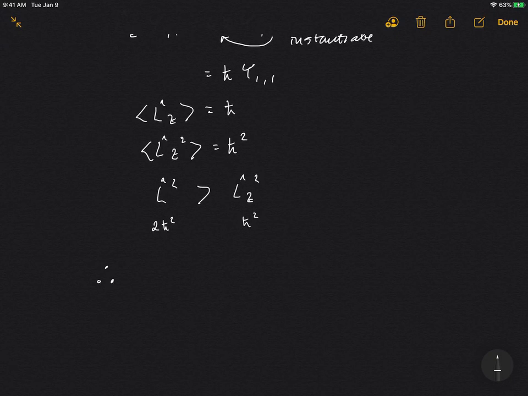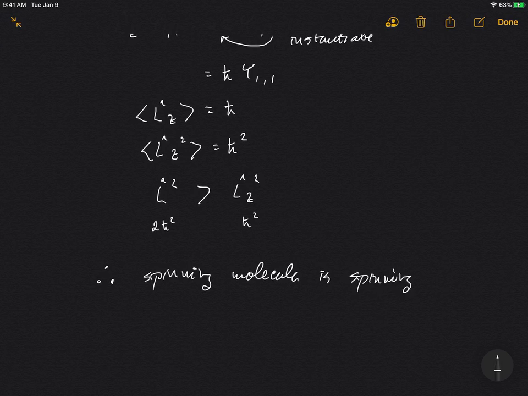So therefore, our spinning molecule has sort of multiple axes, but we don't know exactly what those axes are.